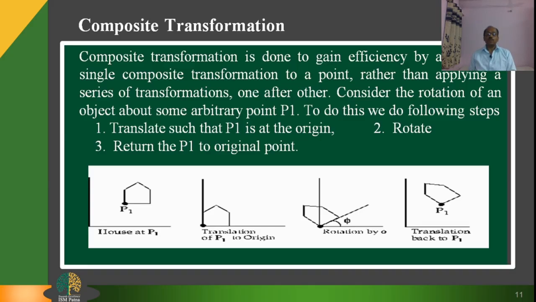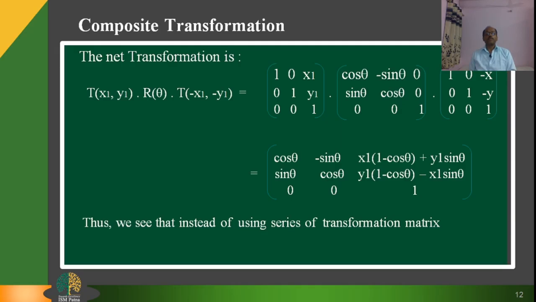If we do not use composite transformation, we will do it in 4 steps as shown in the figure. So, with the help of this transformation matrix, we can do a composite transformation.